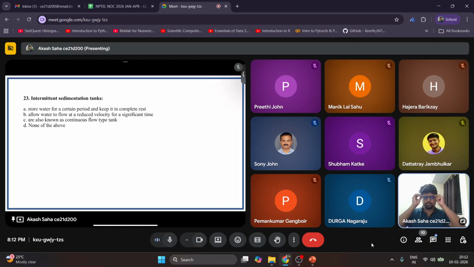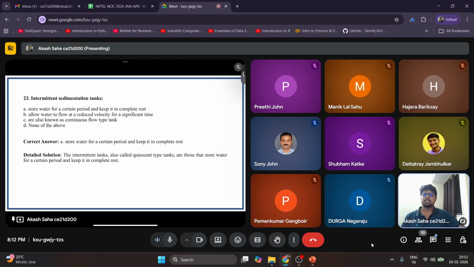You just have to guess with respect to the name. Obviously it will allow storing water for some time in complete rest. So option A is the correct answer. Intermittent tanks are also called quiescent type tanks. So it will store water for a certain period of time in complete rest, not for a very long time and not in a continuous manner.